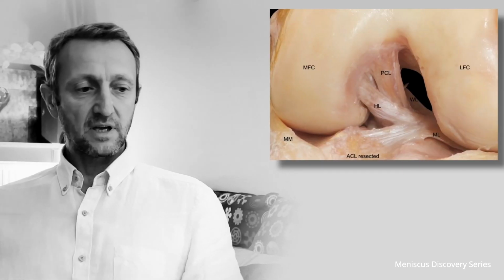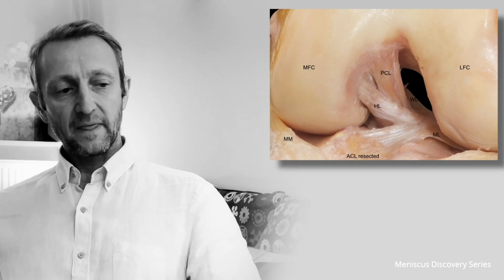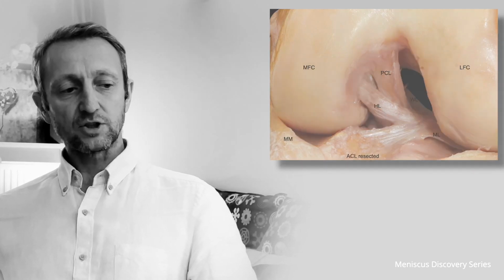The posterior root is covered by that, but if you look deeper, the meniscotibial ligament has continuity and is going around the anterior root of the lateral meniscus, and the continuity of the meniscotibial ligament is the ACL. I know, sounds strange, but it is.